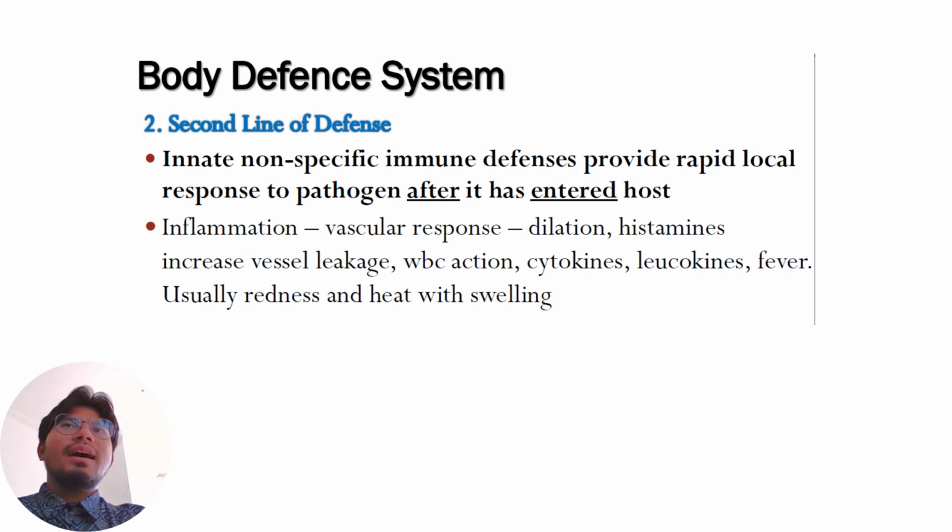Since the second line immune system involves blood cells, mostly white blood cells, inflammation is required to recruit the white blood cells to the site of infection to kill the pathogen. Okay, the process is rapid, but it still has a limitation. That's why we have the third line immune system.